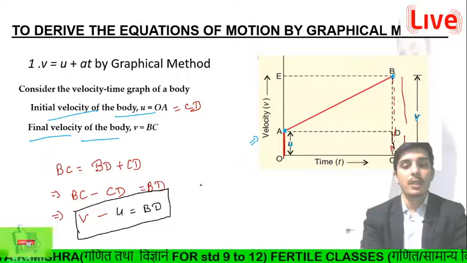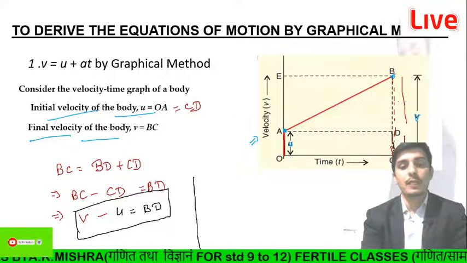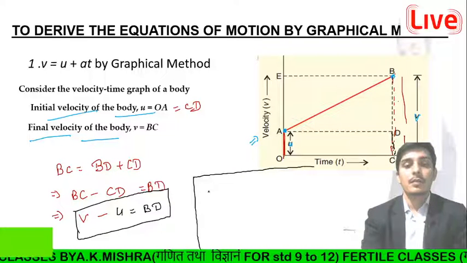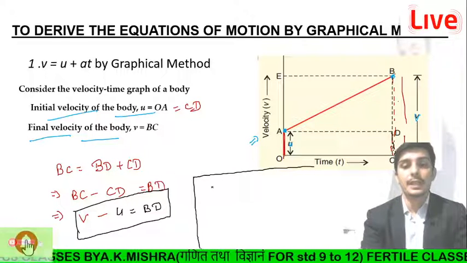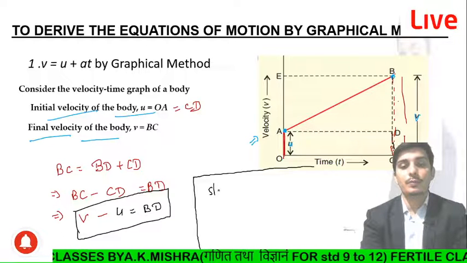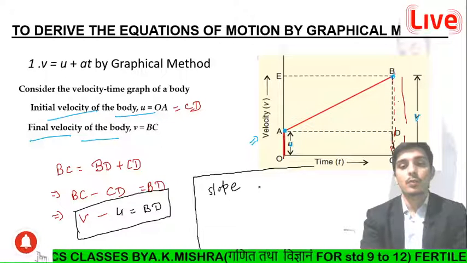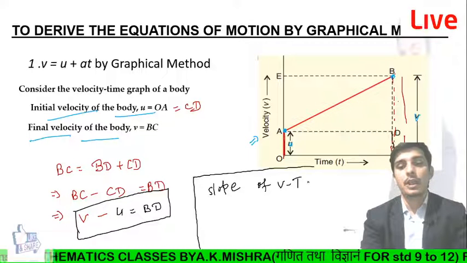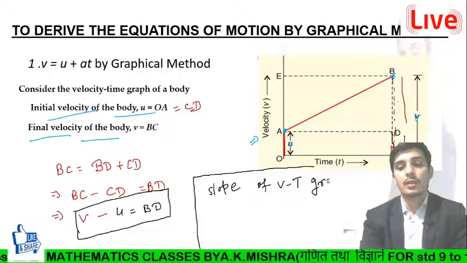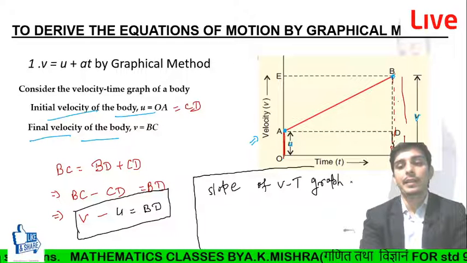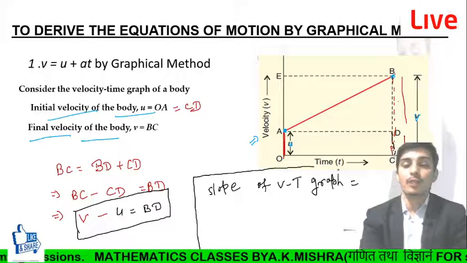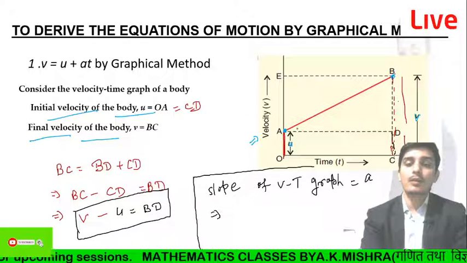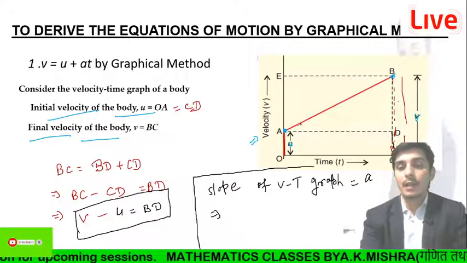So the slope of the velocity time graph is equal to acceleration. And we know that this is the triangle, and this angle is equal to theta.